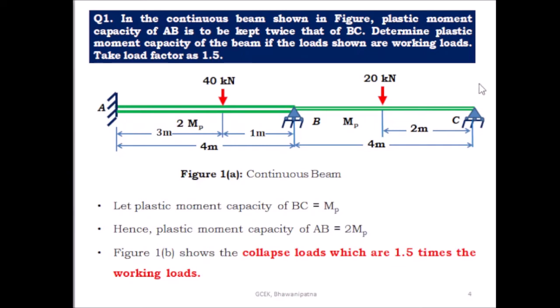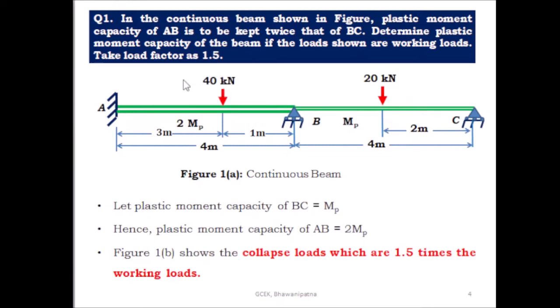So, this is the two span continuous beam ABC, support A is fixed and support C is hinged, and span AB length 4 meter and span BC length 4 meter, and one eccentric load is present at a distance 3 meter from the support A and 1 meter from the support B, and 40 kilonewton load is present.